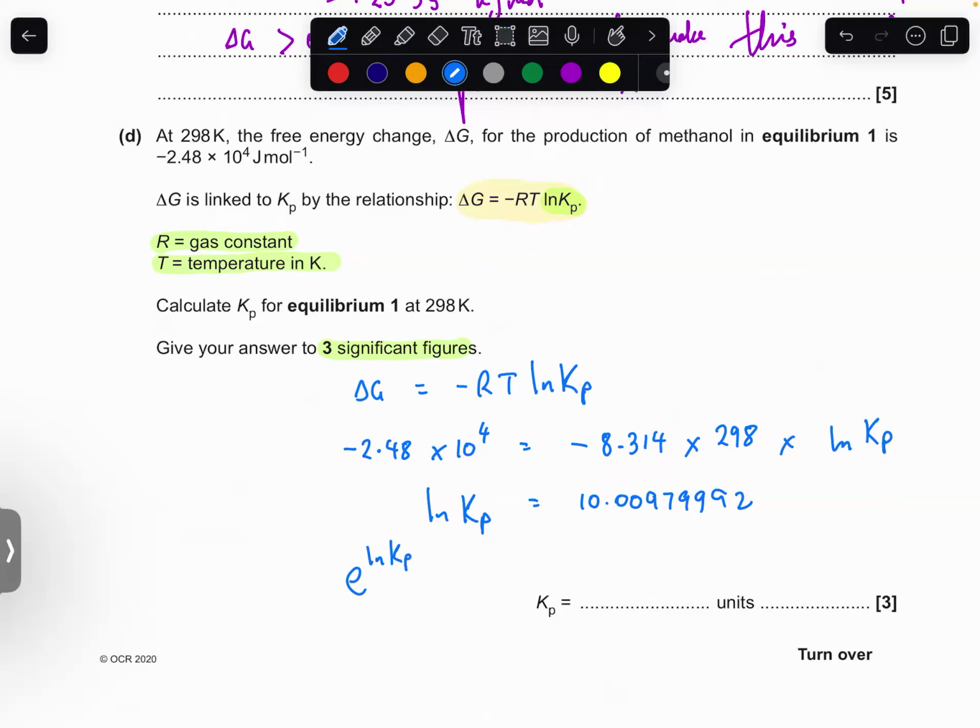E and natural log are inverses of each other. This will give you Kp. So on my calculator, E to the power of the answer, and this gives us, they want it to 3 sig figs, 22200.